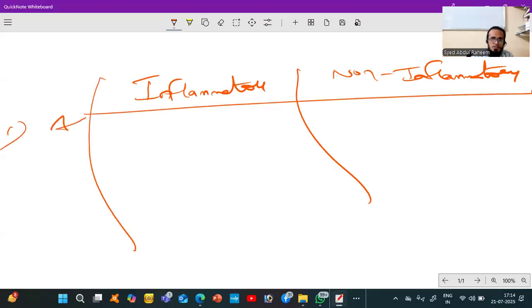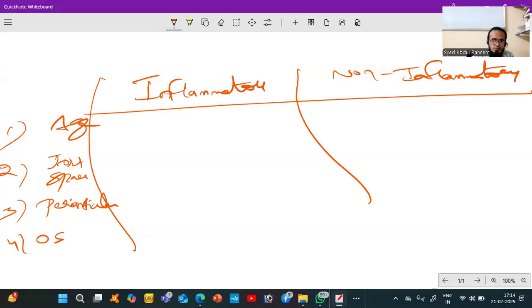First is age. Okay, it is very important. Second is joint space. Third is periarticular. Fourth one is osteophyte. Fifth one is erosions.